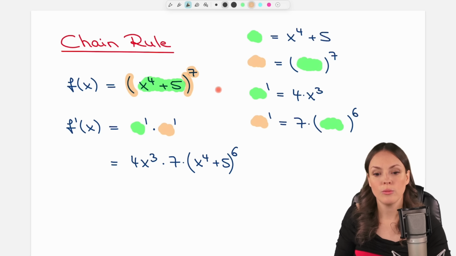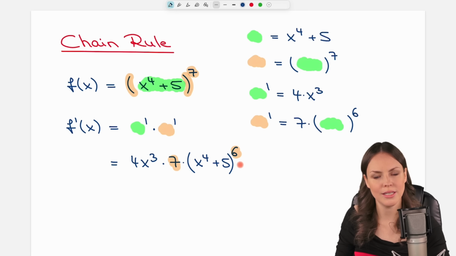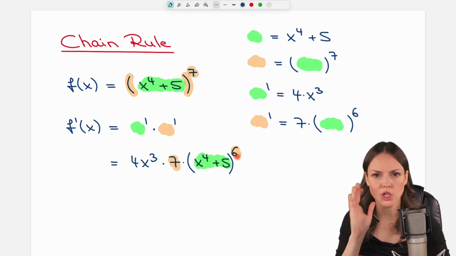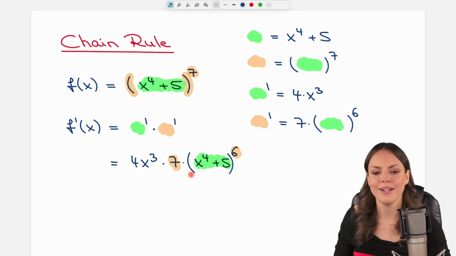What we changed was we took the 7 and decreased the exponent by 1. Yes, we did that. But you don't change the green part at all. You just keep it as it is, write it down here, and only take care of the outer things that you do. So never change the inner function if you want to find the derivative of the outer function.